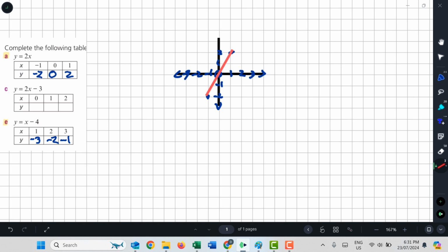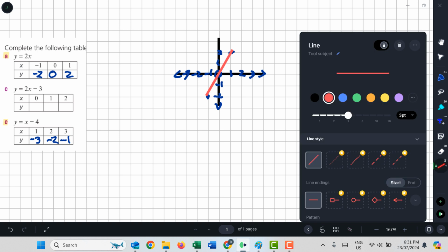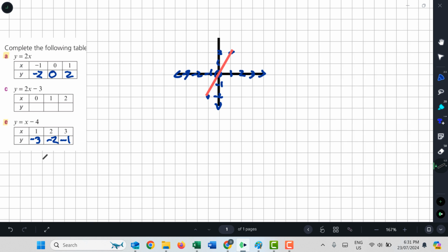For the next one, y equals x minus 4, we're going to have to make it a little bit bigger, and I'm going to make this a bit narrower, because we have values from minus 3 to minus 1 and 1 to 3. So if my origin is here, then I'll go down only a little bit.